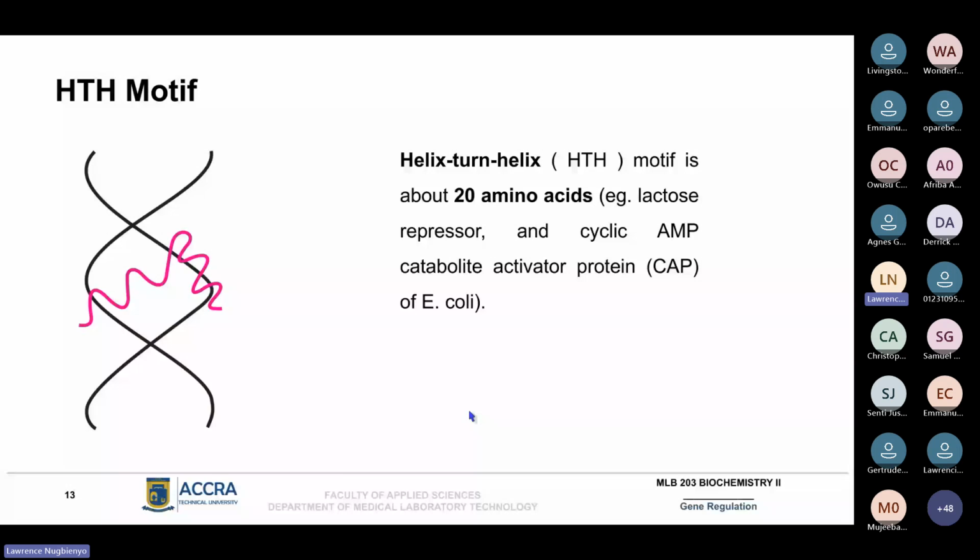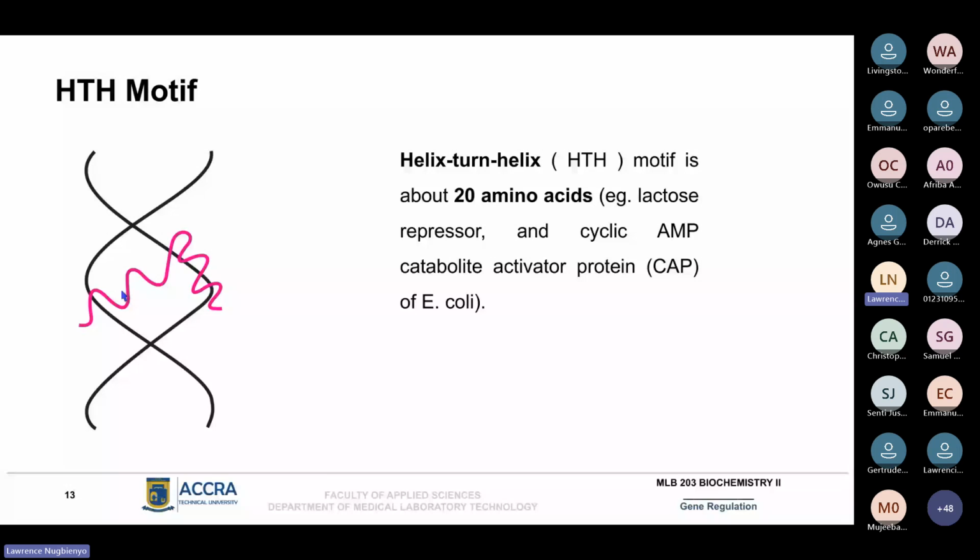So, for instance, the helix-turn-helix. The black lines which you see refer to the DNA molecule, and the red or magenta lines refer to the protein molecule, and the specific portion of it that is interacting with the DNA molecule.